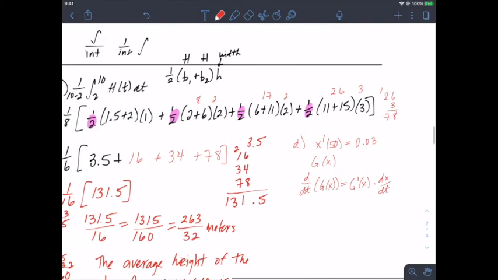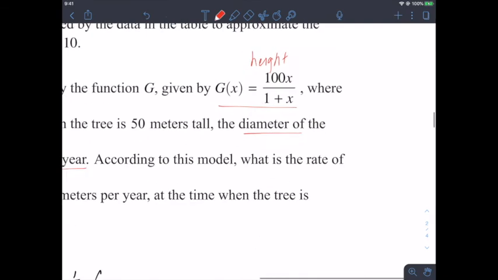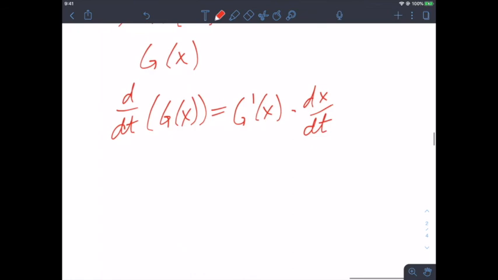Okay, so g is 100x divided by 1 plus x, and we're going to need to take the derivative of that. It's going to be a quotient rule. So it's low times the derivative of the high. The derivative of 100x is 100.